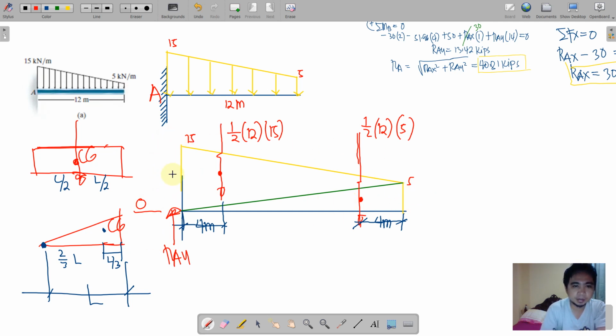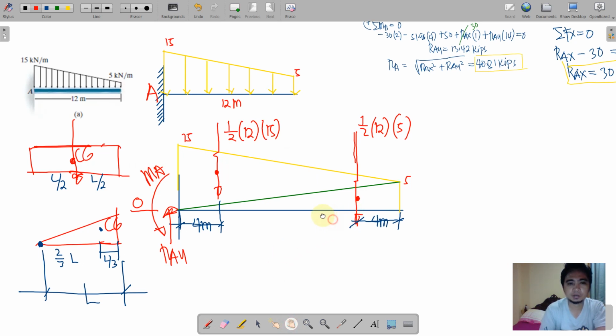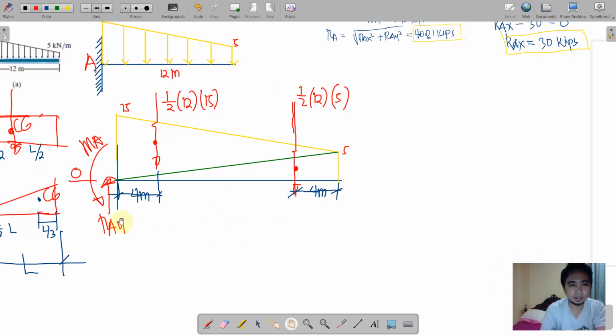And then, a couple on the fixed end. Say this is MA. Okay, so we will just employ the 3 equilibrium equations to solve for these 3 or actually these 2 reactions here.